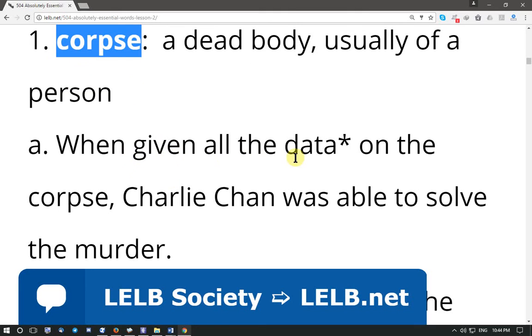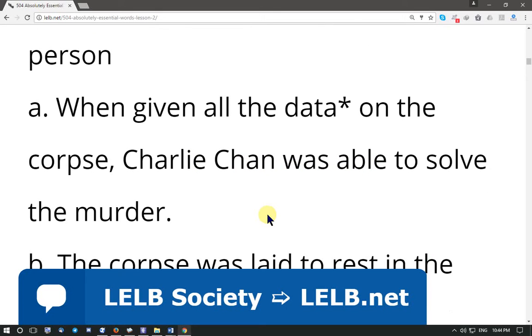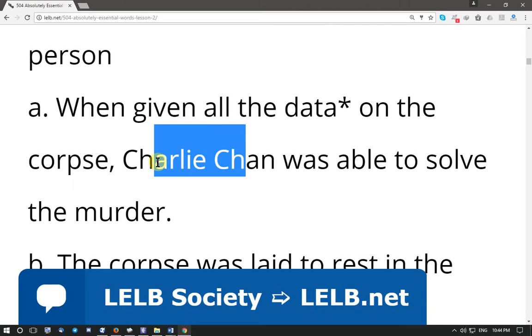When given all the data on the corpse, Charlie Chen was able to solve the murder. As a matter of fact, it seems that Charlie Chen must be a detective.